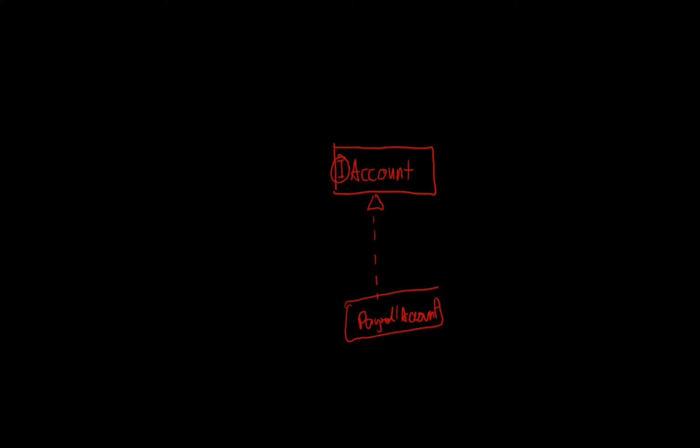And the way or the rule of thumb that you need to do to check if this is the correct realization is, for example, you have an instance of A. And this A right here will interact with your system like an account, or if you write this in Python, the type annotation would be written like this: a colon account. So since this is an account, replacing A right here with a payroll account instance should also work as well. So if A is a payroll account, if doing this replacement doesn't break anything in your system, then this established relationship right here is correct.